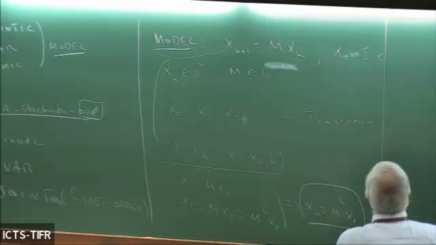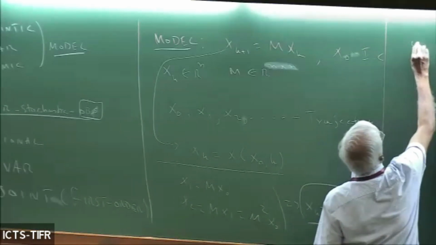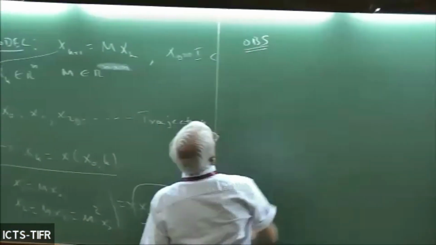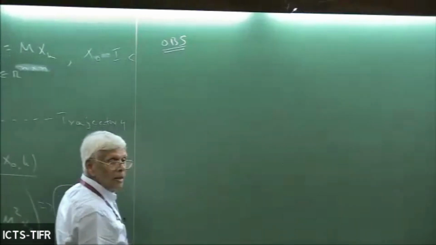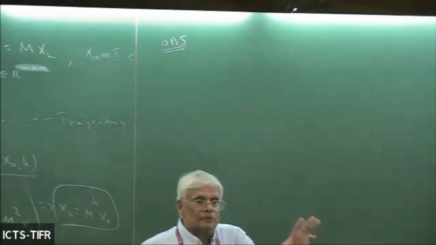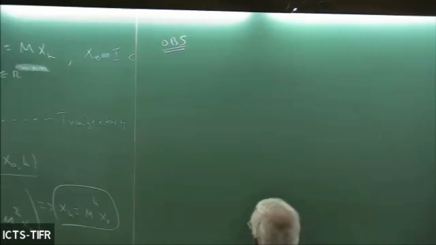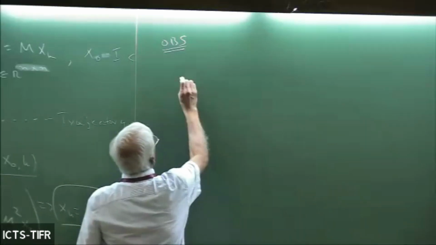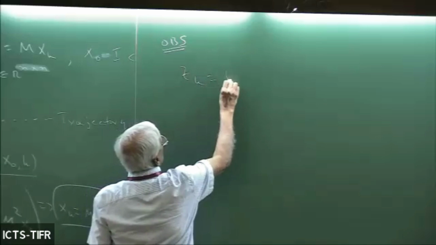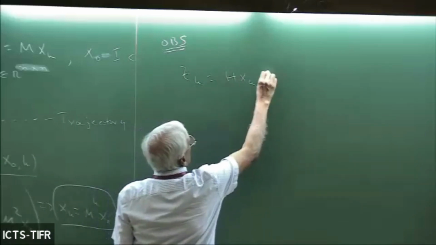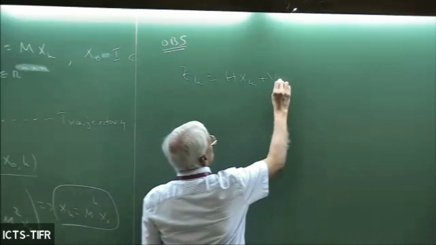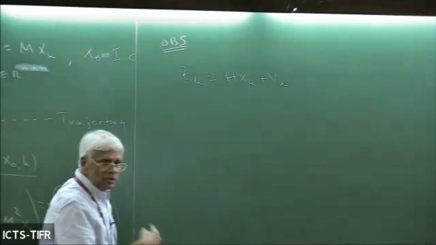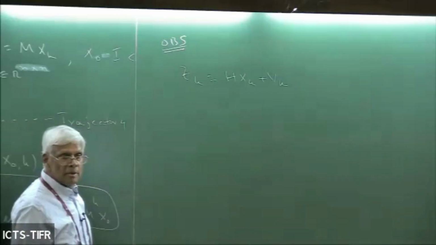So what is the statement of the problem? Then I have observation. The model is supposed to capture a physical phenomenon. I'm assuming my model is faithful to the physical phenomenon. I can observe the phenomenon. I can compute the observations, which are functions of the state, plus V. I can assume this is Vk, the noise that changes in time.